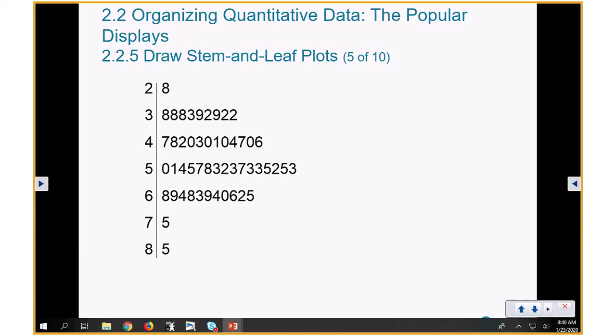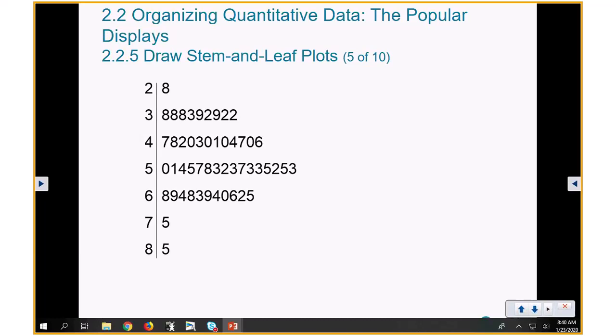So now you're going to see a stem and leaf plot, and then you're going to see a dot plot. A dot plot replaces the numbers with dots. So how many numbers do we have for 30, or 3 point something? We've got 1, 2, 3, 4, 5, 6, 7, 8, 9.